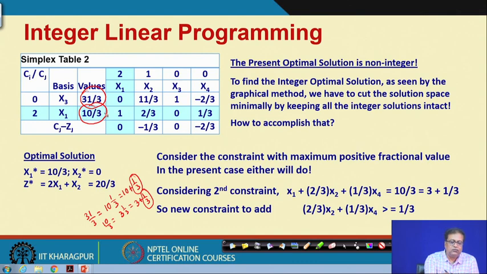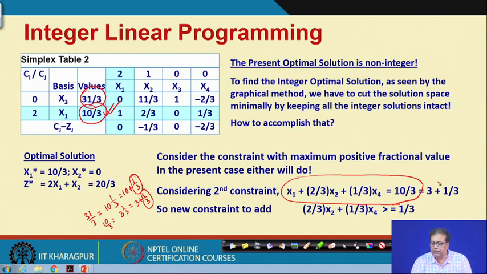So, the second equation is chosen. The second one can be written in this form: x1 plus 2 by 3 x2 plus 1 by 3 x4 equal to 10 by 3, is it not? This is our second constraint. Now, 10 by 3 can be written as 3 plus 1 by 3.